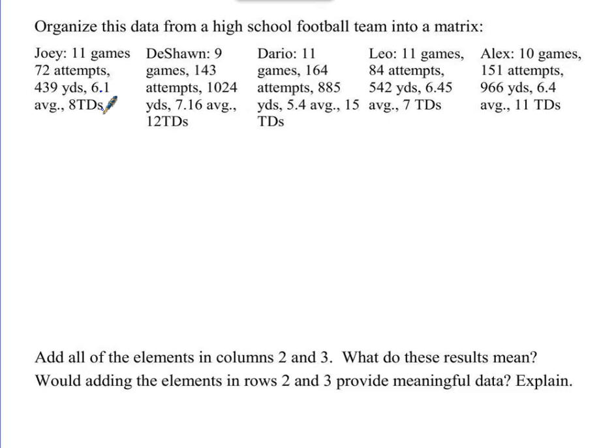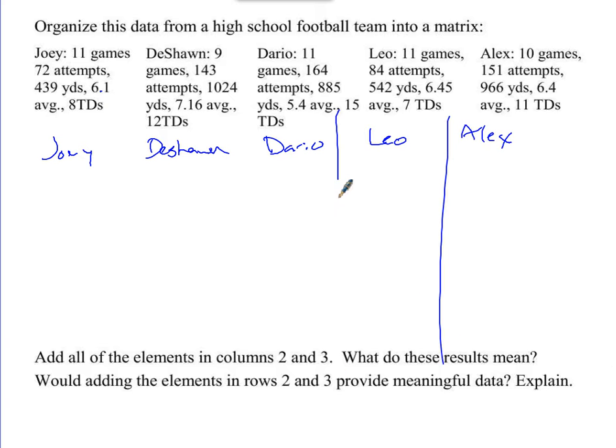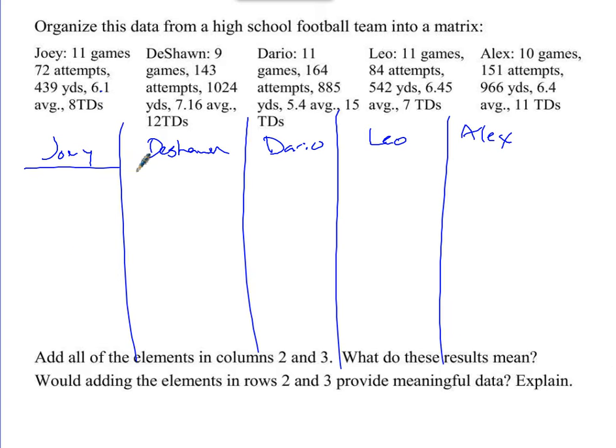Across the top? So we have Joey, Deshaun, Dario, Leo, Alex. Now what? Put games, attempts, yards, average.